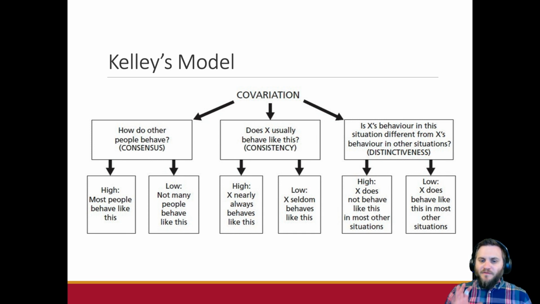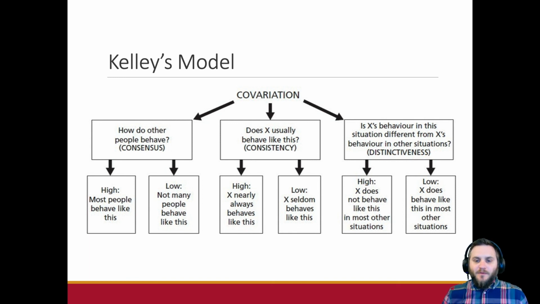And so if we take these 3 pieces of information and apply it back to internal and external, we can sort of make adjustments on what happens when an internal attribution is made versus an external attribution.